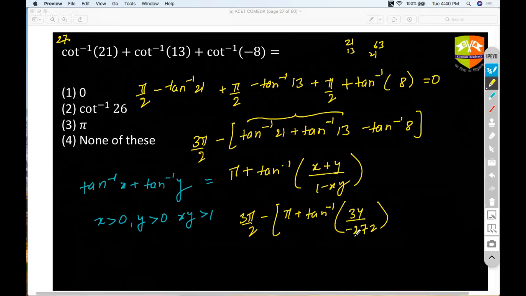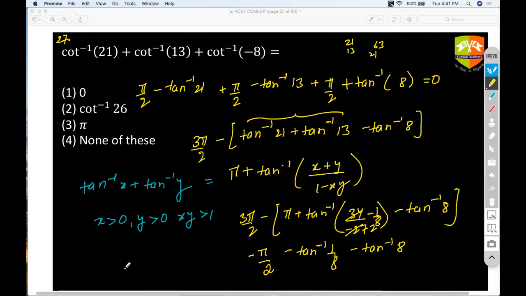Okay. And I think that's going to be negative 1 by 8. That's going to be negative 1 by 8. Okay. And we already have tan inverse 8 waiting over here. When you open the bracket, it becomes negative pi by 2, negative tan inverse 1 by 8. Okay. And negative tan inverse 8. Right?